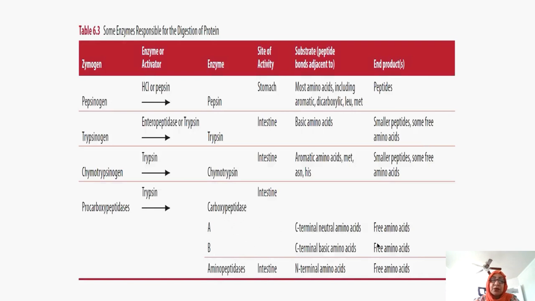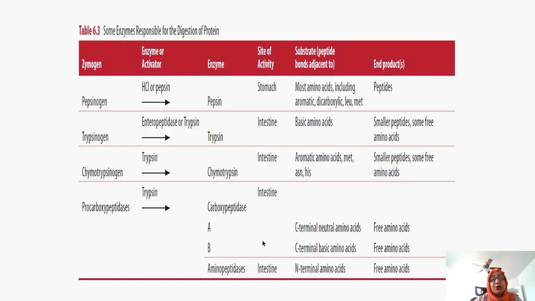Once we get to this point, we are going to see more of the free amino acids. Those are enzymes that are activated by trypsin and act on either the C-terminal or N-terminal of the amino acids. That means from the end until we get free amino acids.